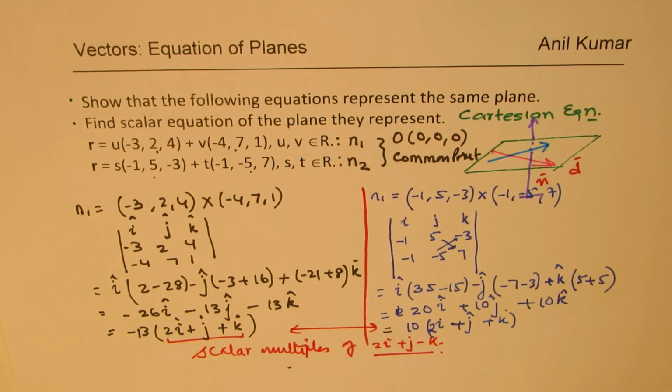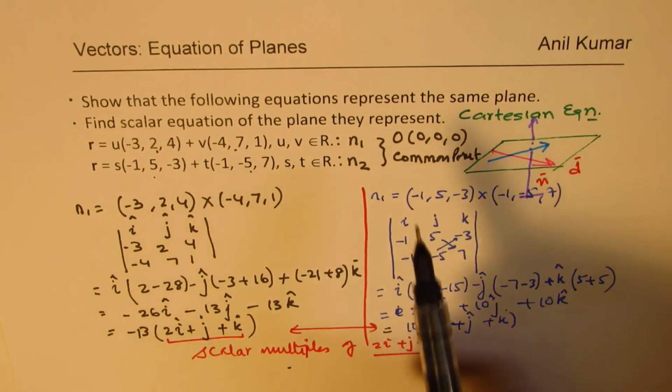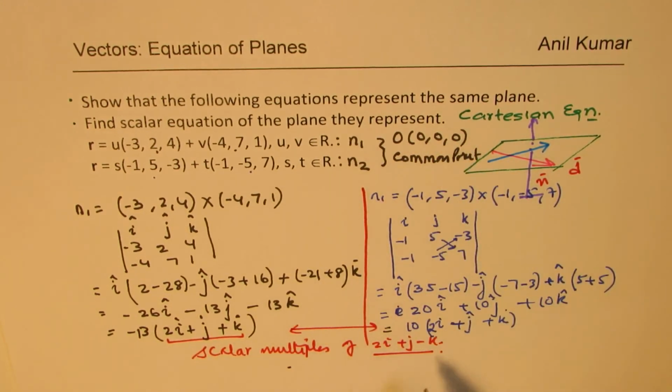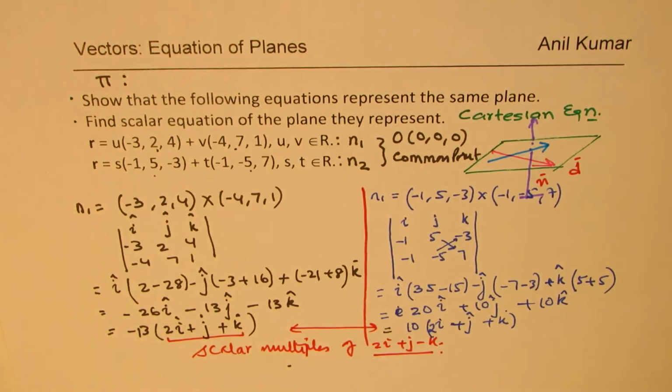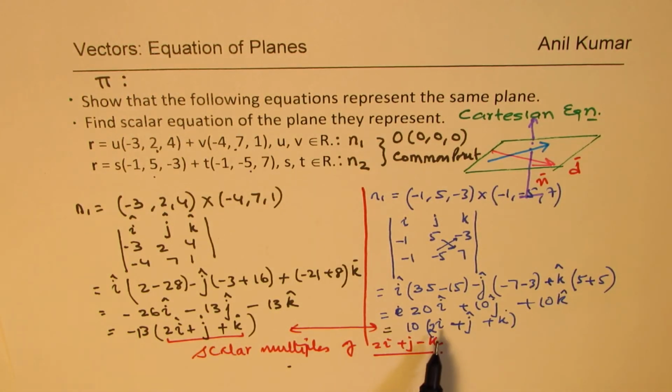So that is how you actually get the equation itself. Now in this particular case, since we know that the point (0, 0, 0) is on this particular plane, we can do part B, which is writing the equation of the plane. Let's say pi. The plane can now be written as, these are your scalar multiples, these are your normals.